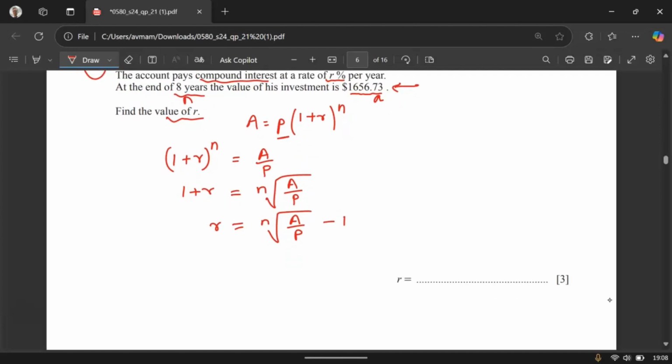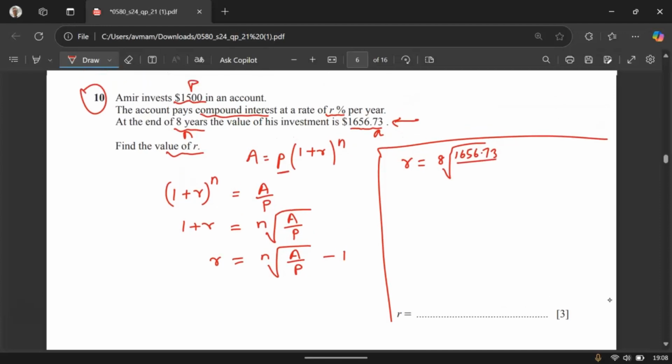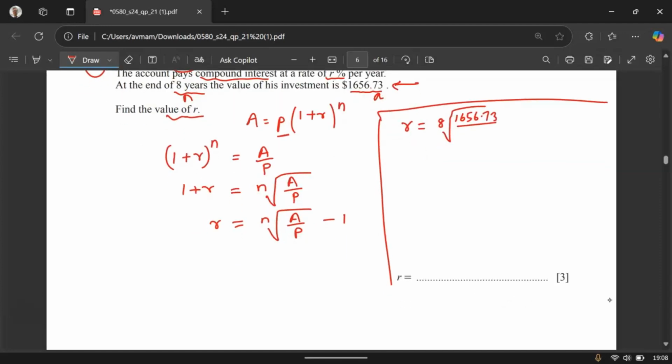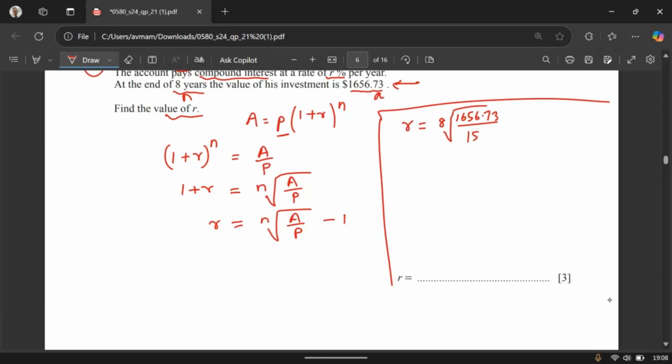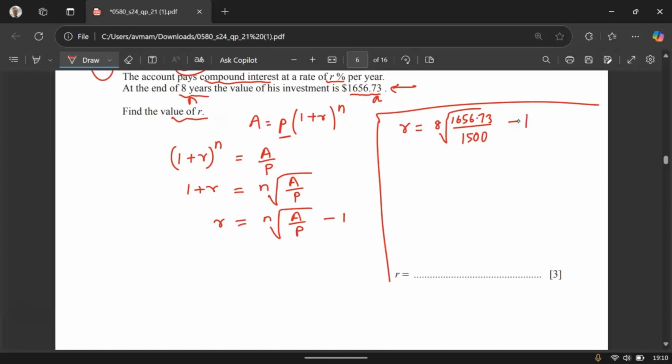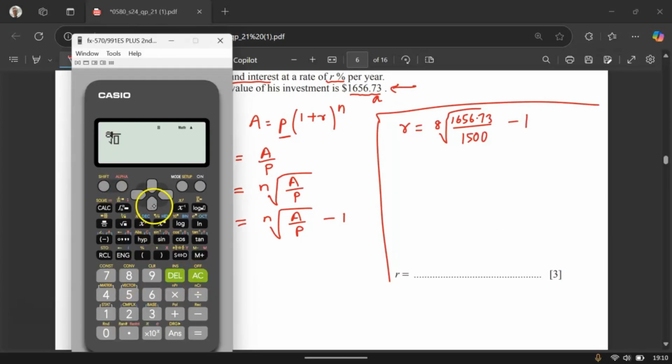So we can now take the values. n is the number of years, so the 8th root of the final amount, which is 1656.73, over the principal, here we go, 1500, minus 1.